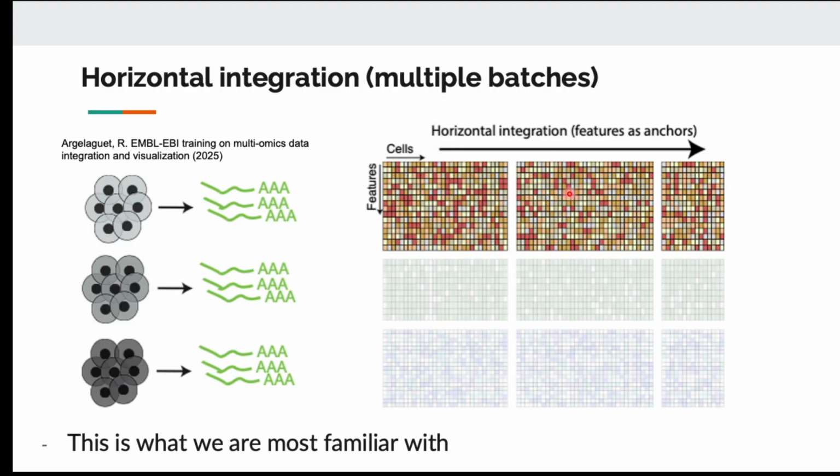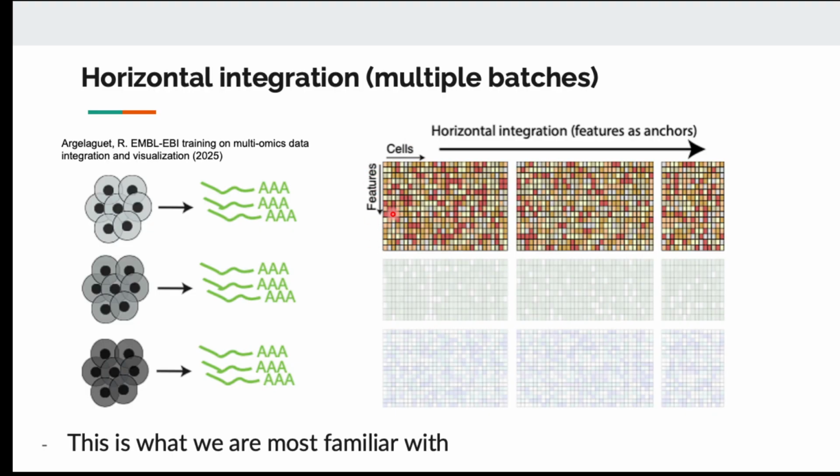All these are different studies. They all study the same tissue, like liver tissue, and the same disease, cancer. So in horizontal integration, we assume that different studies analyze different cells or different samples, different cohorts, but they are monitoring the same omics. This is what we are used to.